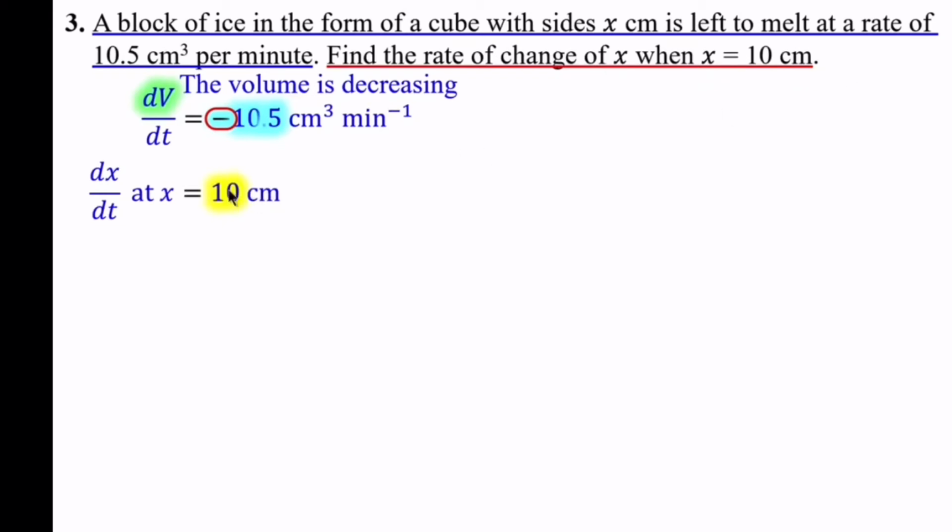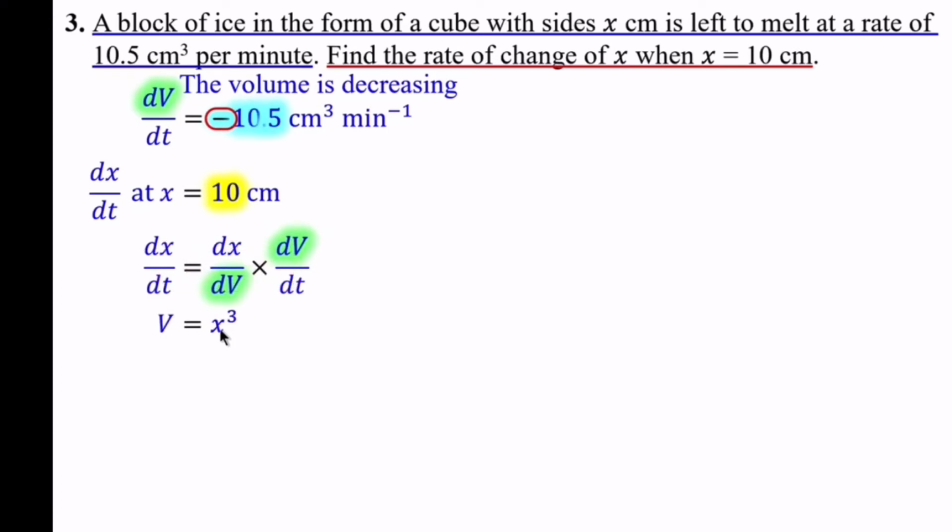Now we are going to write the relationship between the volume and x. Before that, let's write the chain rule: dx/dt equal to dx/dV times dV/dt. The dV/dt is negative 10.5, and for dx/dV, we differentiate V to get dV/dx, which is 3x squared.